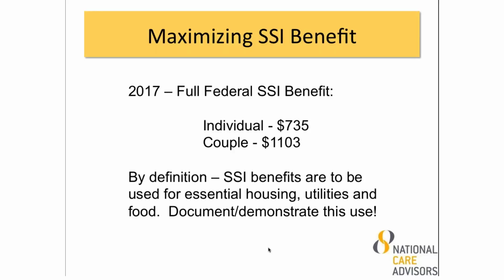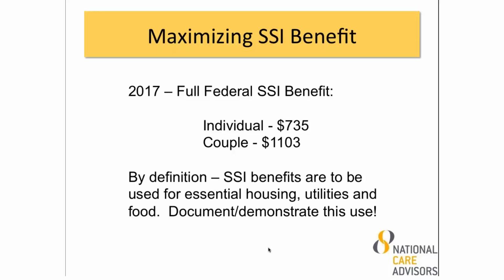So as I mentioned earlier, in order to get that full benefit, you're going to want to demonstrate that the supplemental security income of $738 a month is essential for housing costs, whether that's rent or mortgage, property taxes, whatever that is, utilities, and food. The Social Security Administration does not care that you have other expenses for caregivers, or for incontinence supplies, or for therapy, or for a special camp.